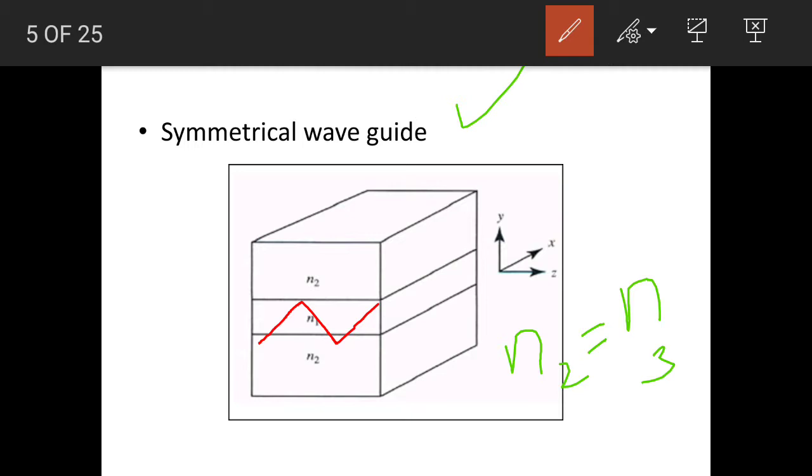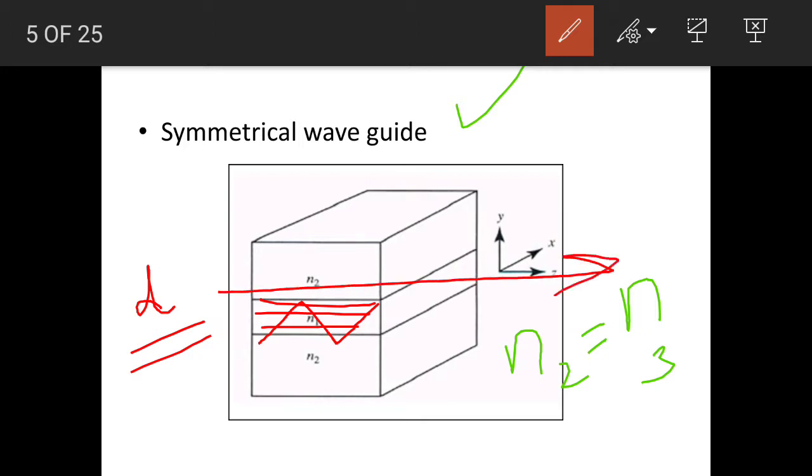We don't care whether the waveguide is asymmetrical or symmetrical. The ray will travel in the central layer of this waveguide. We know that the thickness of the central layer is represented by small d, and definitely the light ray will travel along z-axis, that is in the central layer of the waveguide.